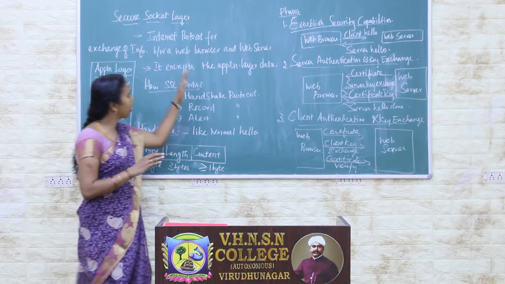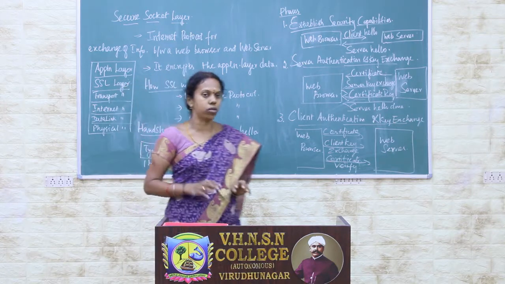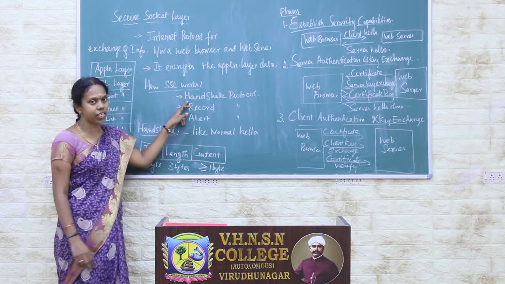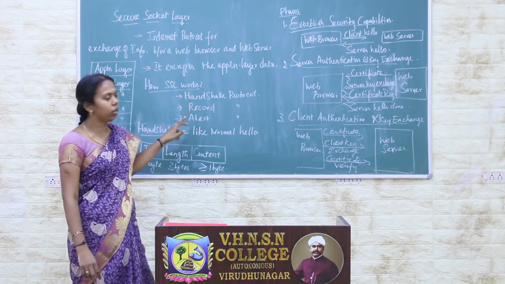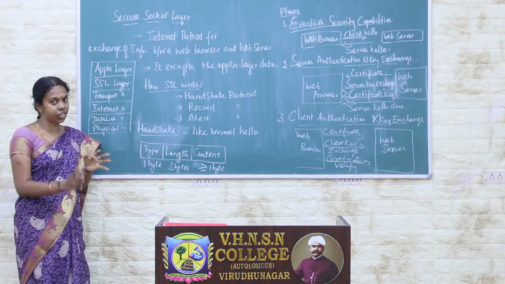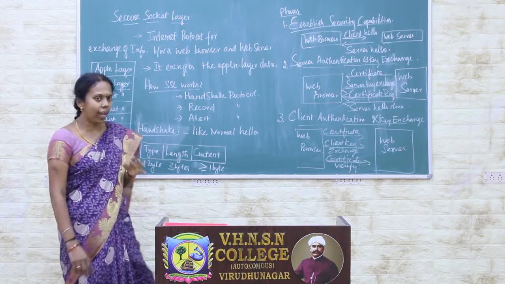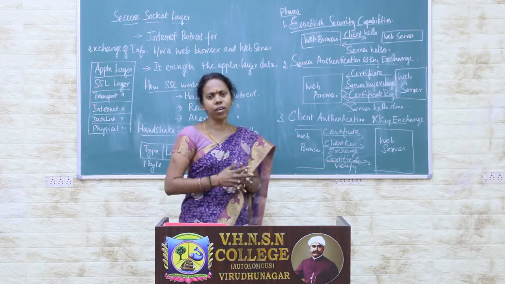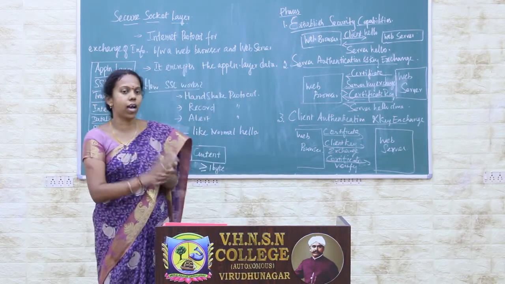Next we are going to discuss how SSL works. SSL has 3 sub-layers, namely Handshake protocol, record protocol and alert protocol. First we are going to discuss the Handshake protocol. Like if you meet your friend, you just say hello.